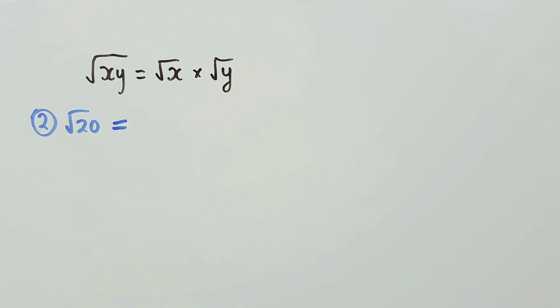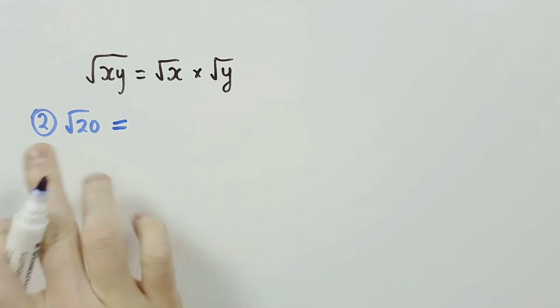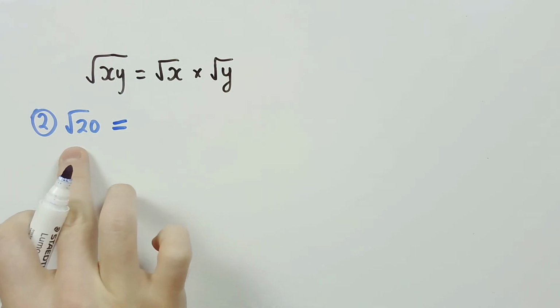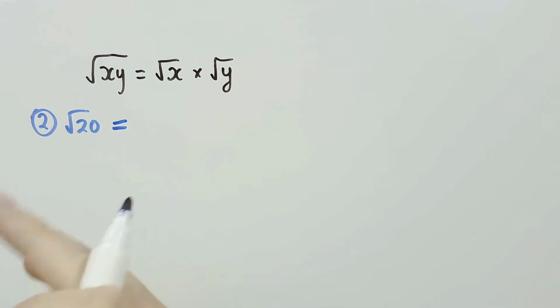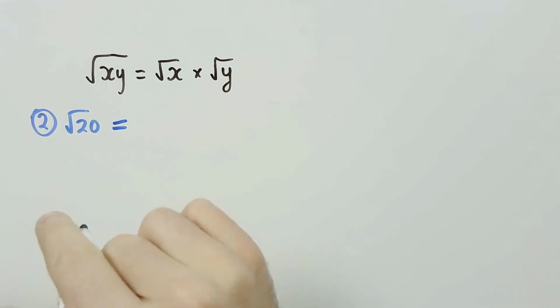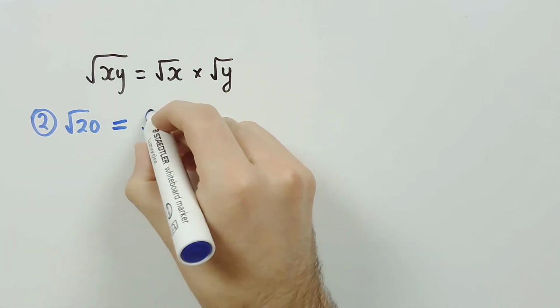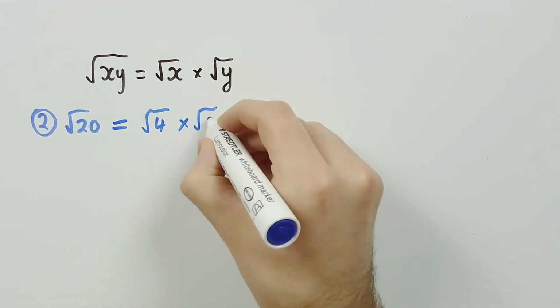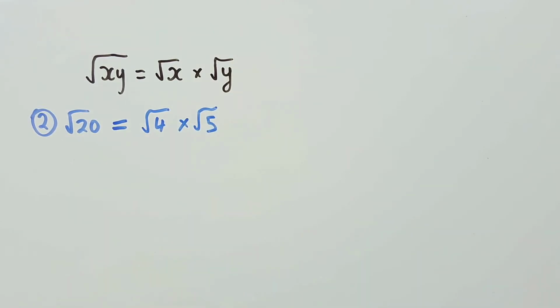So 1 squared is 1, 2 squared is 4, 3 squared is 9, 4 squared is 16, 5 squared is 25, etc. You want to try and break down your component into some combination where at least one of the components is the square of one of the integers. Then you can reduce that surd into the integer. So here we'll do the same thing as previously. Square root of 20 can be broken down into, this time I'll leave out a step that we did before, square root of 4 times the square root of 5.